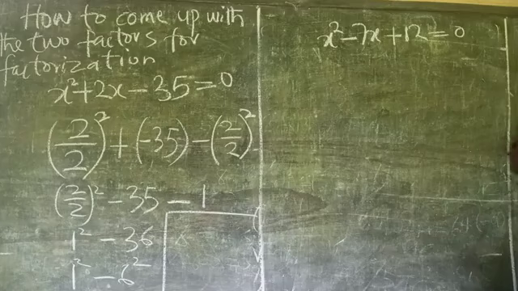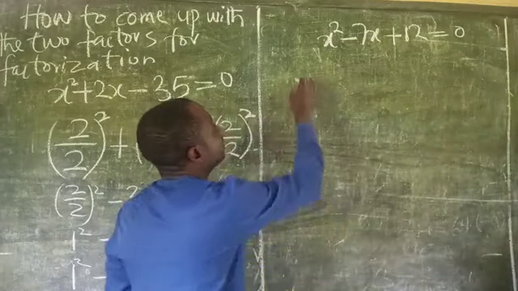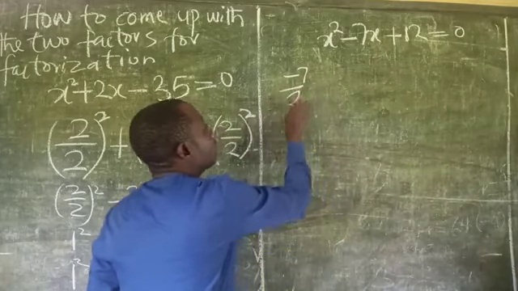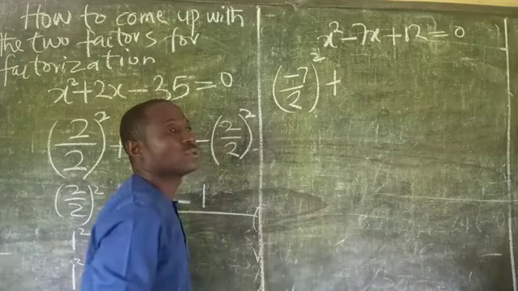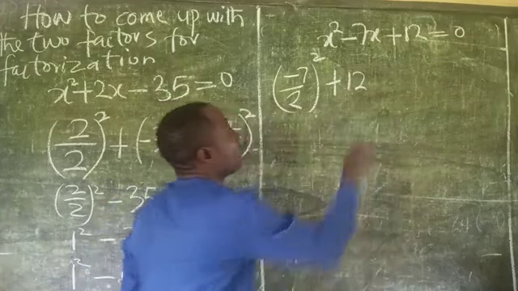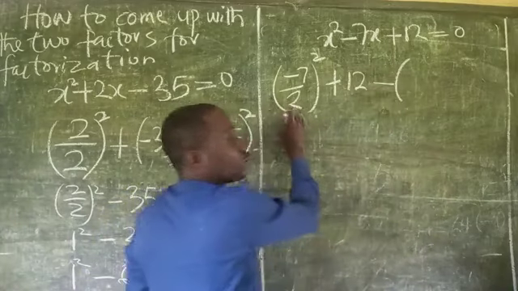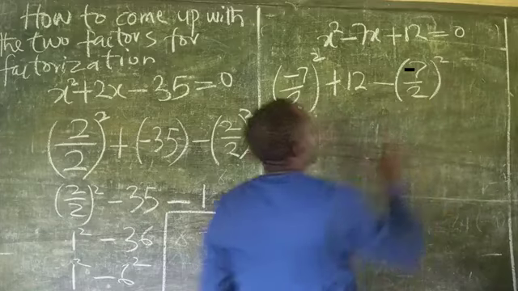So we are going to say, like we have said, the coefficient of s is minus 7. You divide it by 2 and square it plus the constant this time is 12. We just add it minus this whole term, 7 all over 2 squared.